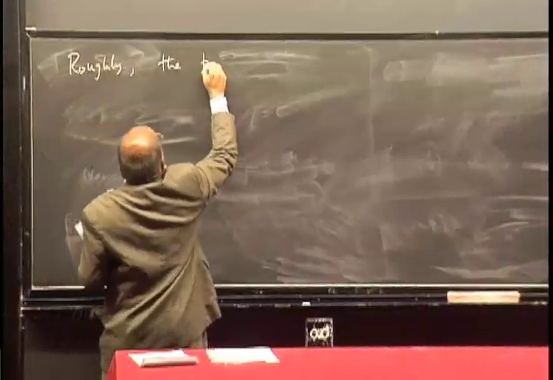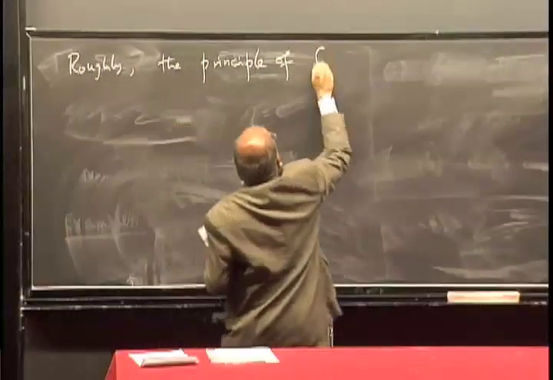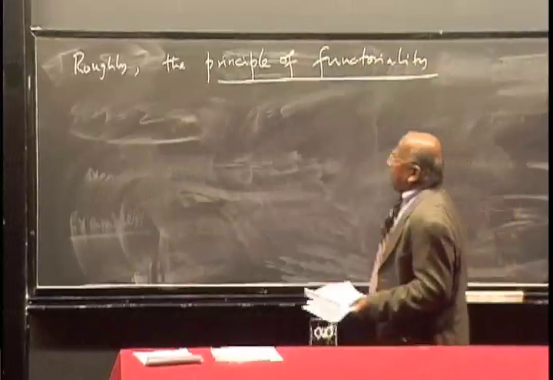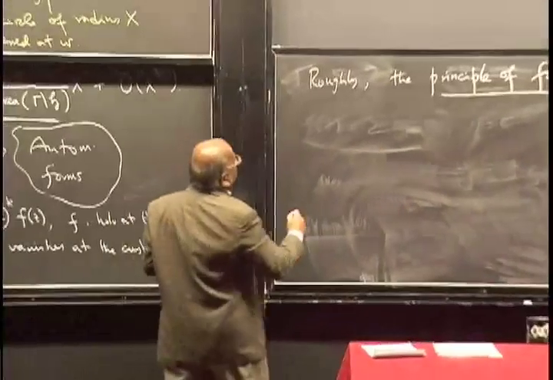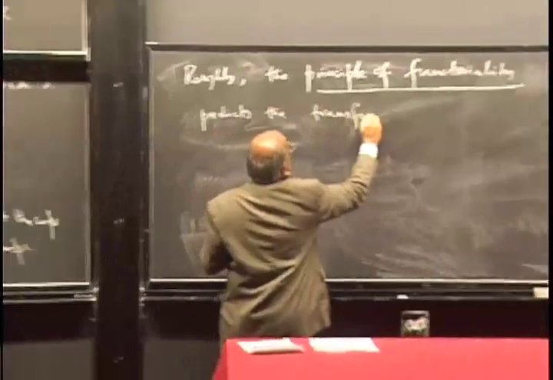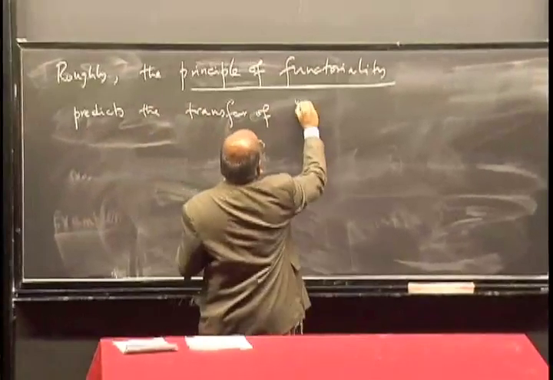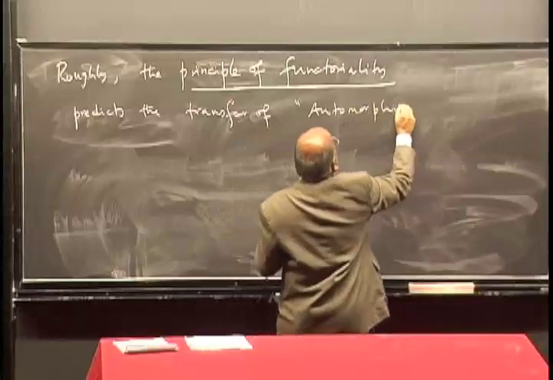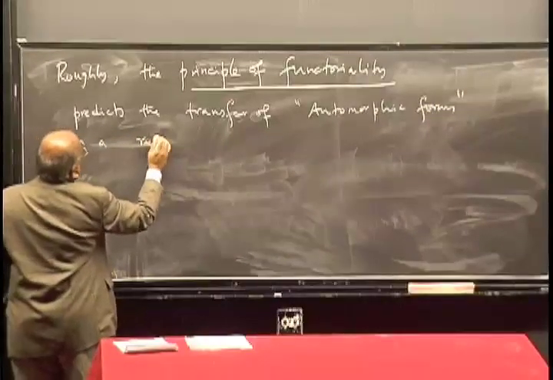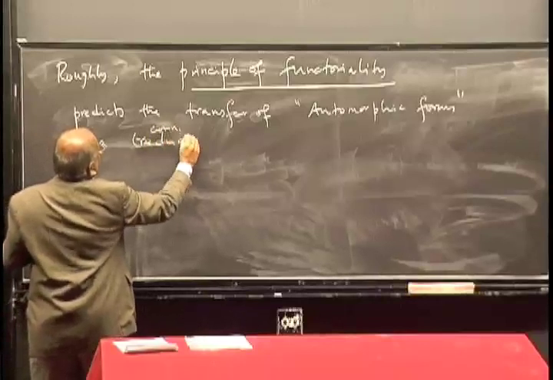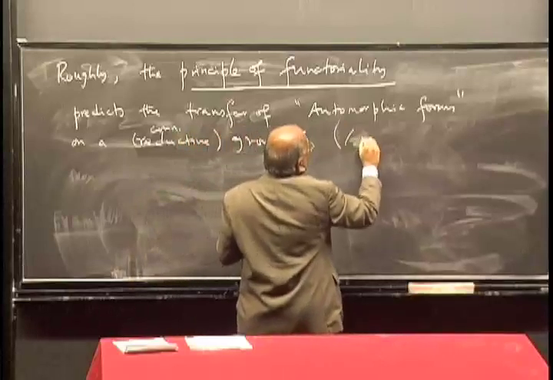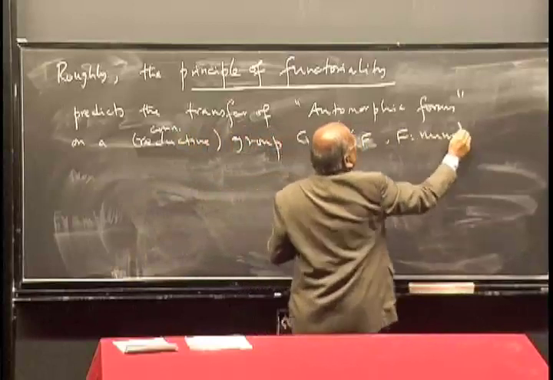So the principle of functoriality of Langlands, which is a central thing, kind of predicts the transfer of automorphic forms or modular forms on a connected reductive group G, let's say over Q, or more generally over a number field or a function field over a finite field.